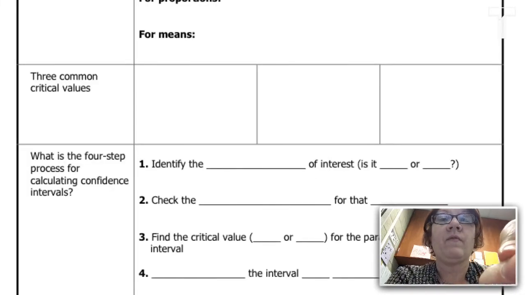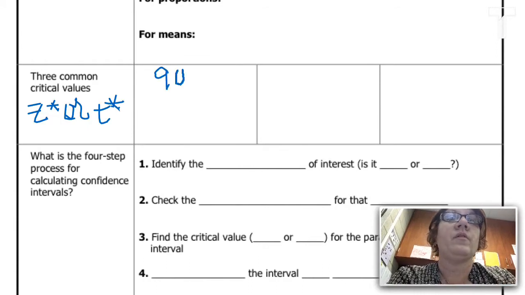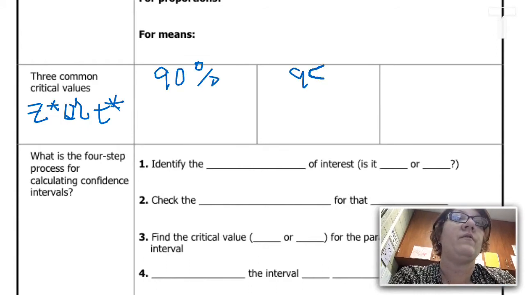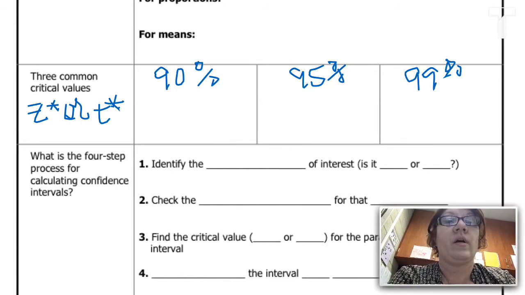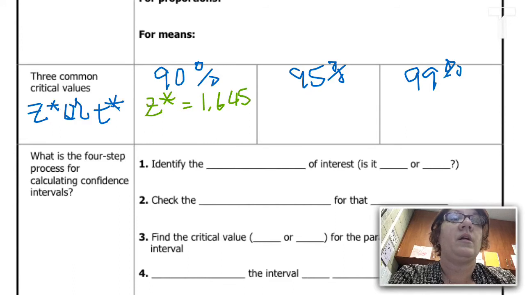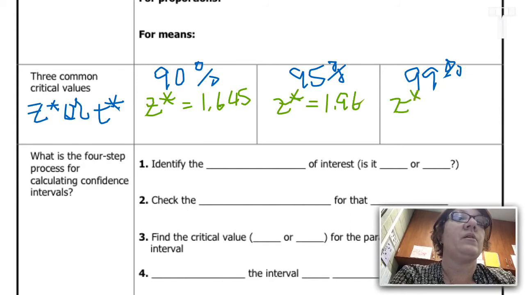So the three common critical values, our critical values being either Z star or T star, are really for 90%, 95%, and 99%. And of course we saw in the chart that the Z star for 90% was 1.645, for 95% is 1.96, and for 99% is 2.576.